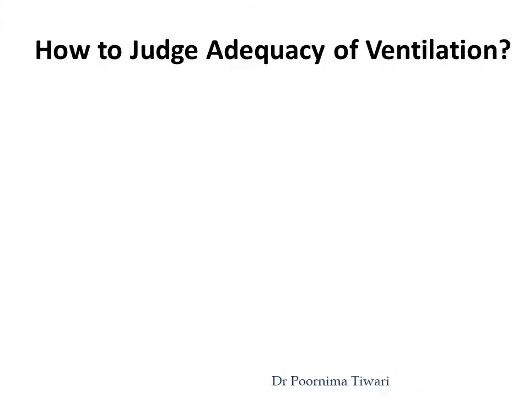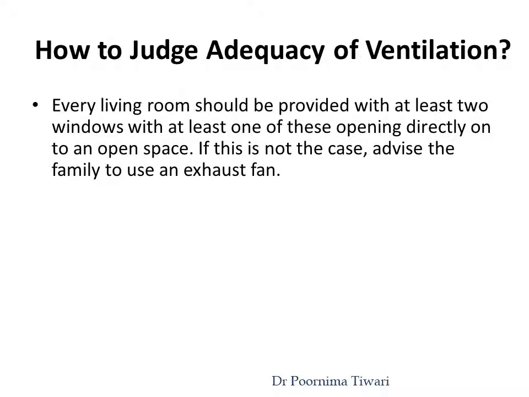Judging whether the ventilation is adequate or not. Every living room should be provided with at least 2 windows, one of which should open directly onto an open space. If this is not the case, we can say ventilation is inadequate and we can advise to use an exhaust fan.